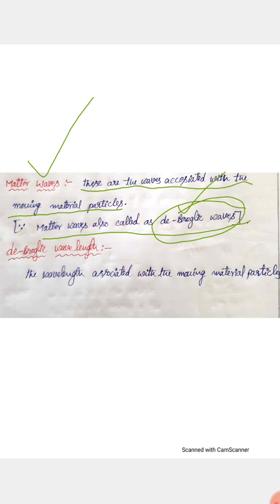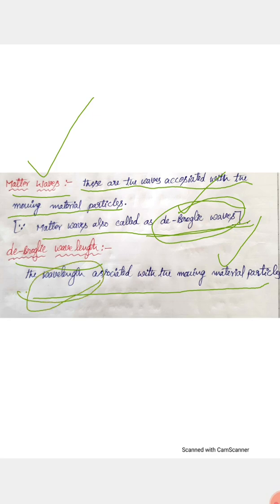Next, de Broglie wavelength: the wavelength associated with the moving material particle. When a particle moves with a certain velocity, the wavelength of that wave is called the de Broglie wavelength.